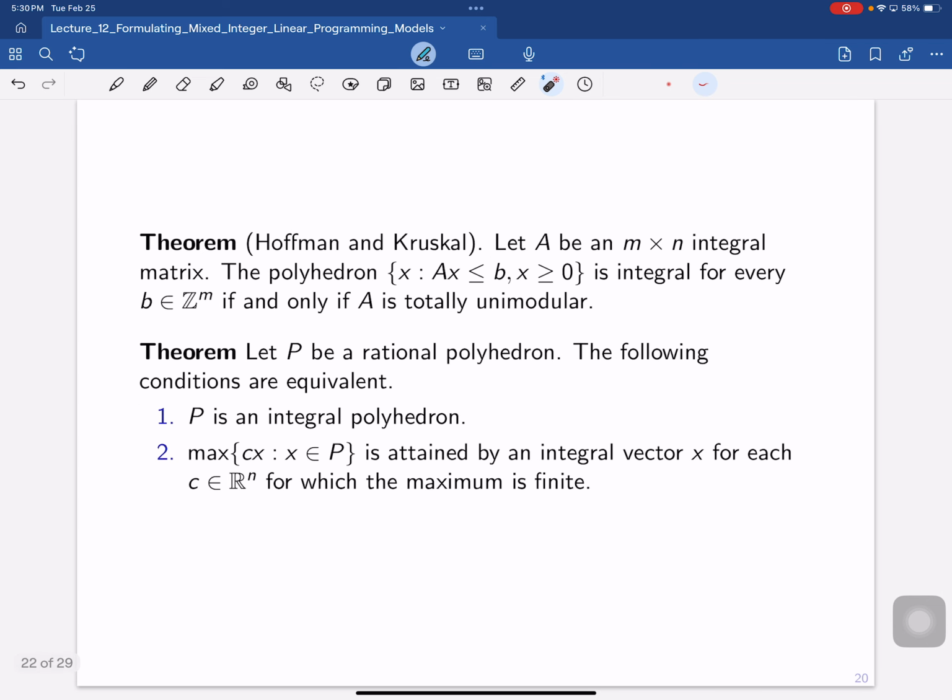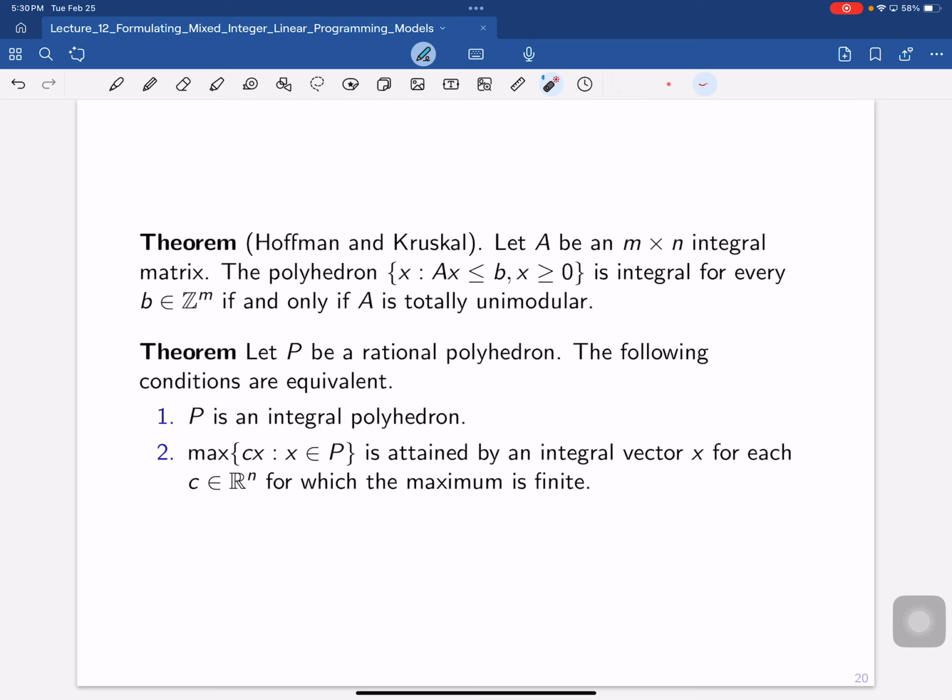But the takeaway here is that there's a property called totally unimodular. If the left-hand matrix satisfies this property, then all the basic feasible solutions are integers. And why is that the case?